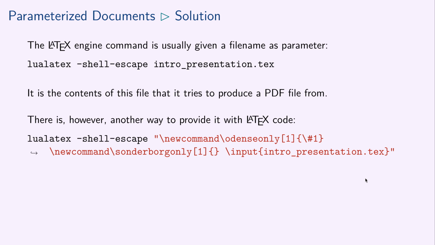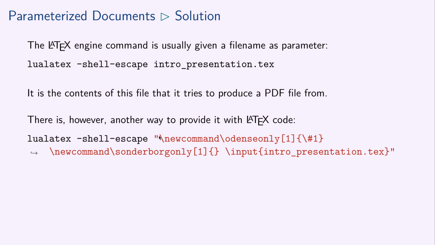And this is stolen straight from our build system, by the way. So what happens here is that we define this command. And I'm teaching at 2 campuses, one in the city of Odense, and one in the city of Sonneborg.